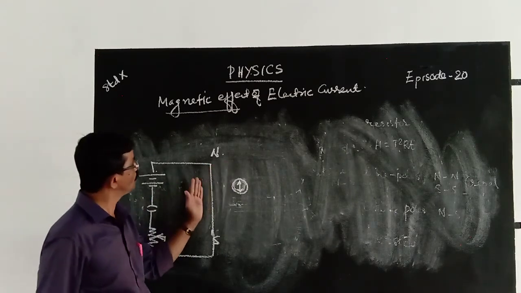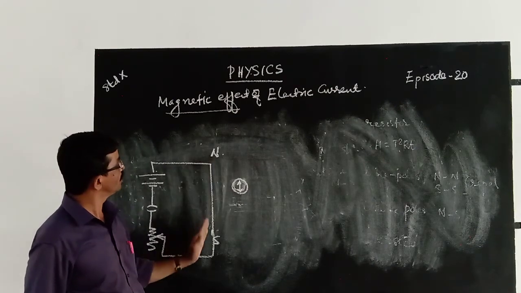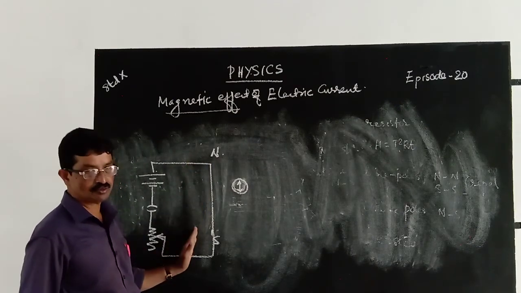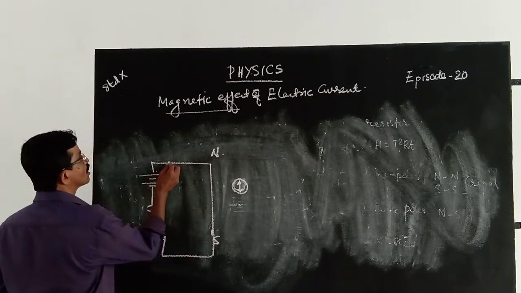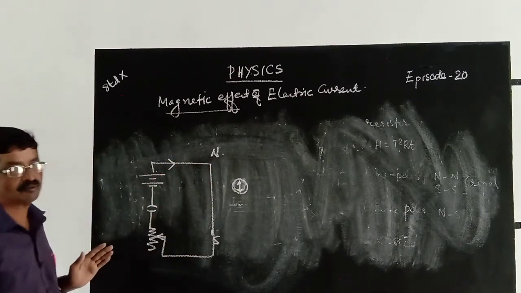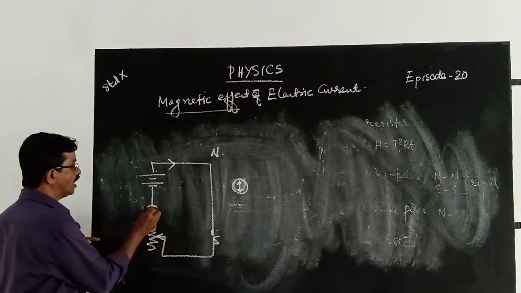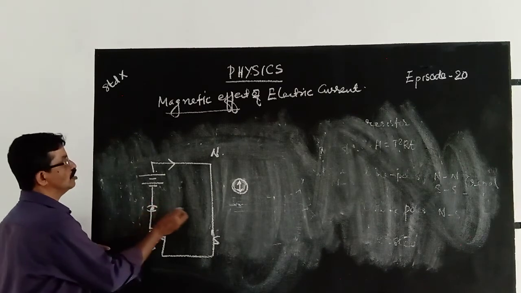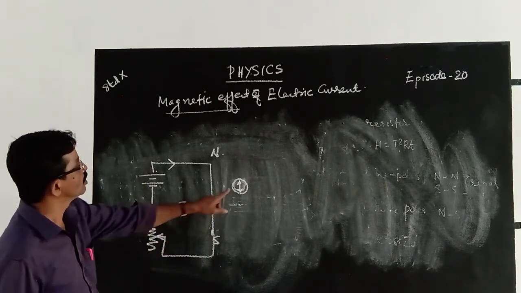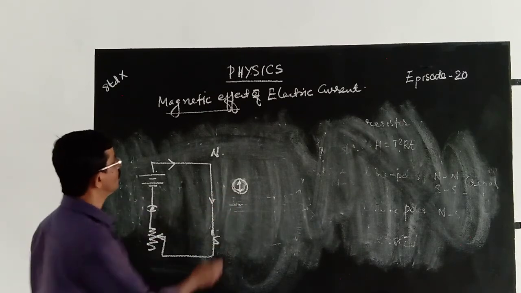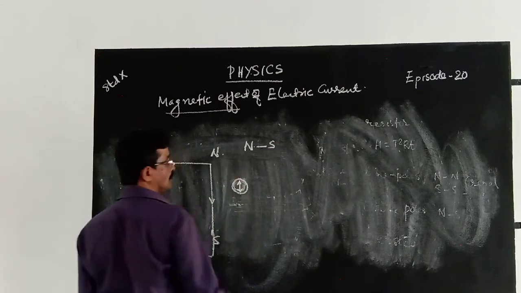Now this compass is below this conductor, and it is parallel to it also. Current direction is this one. Now we plug the key, and current is passed through this, from north to south.